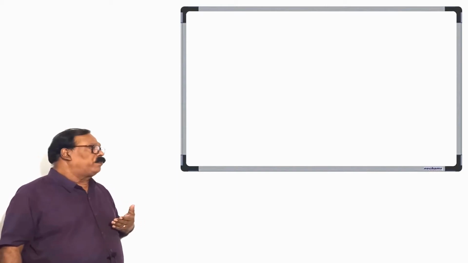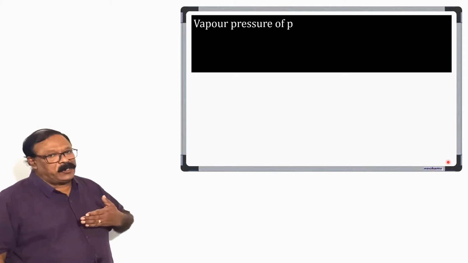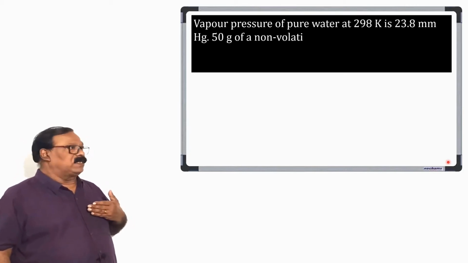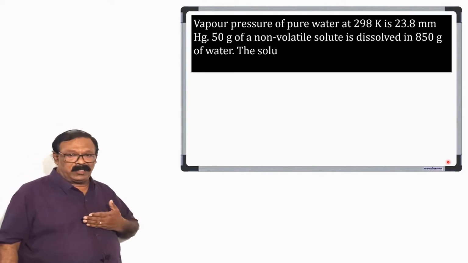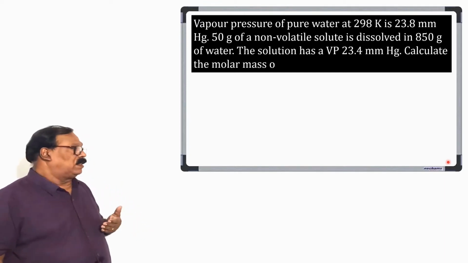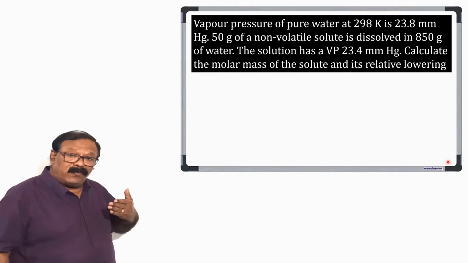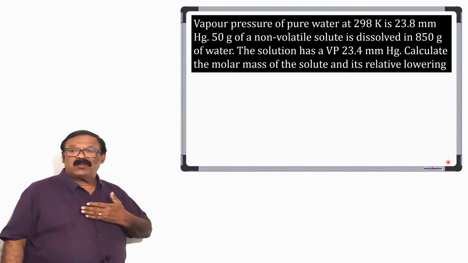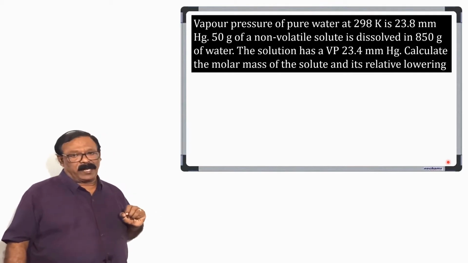One more problem. Vapor pressure of pure water at 298 Kelvin is 23.8 millimeters. 50 gram of a non-volatile solute is dissolved in 850 ml of water. The solution has a vapor pressure of 23.4 millimeters of mercury. Calculate the molar mass of the solute and the relative lowering of vapor pressure.